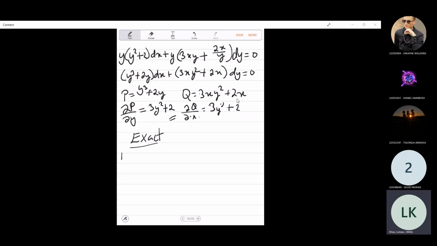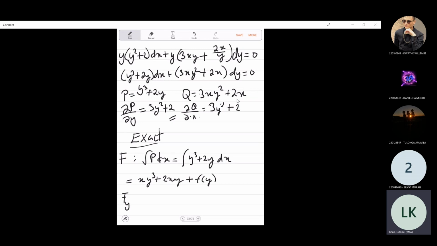So my function f will be the integral of p dx, which is the integral of (y cubed plus 2y) dx. This is x y to the power of 3 plus 2xy, and then I add my function of y.